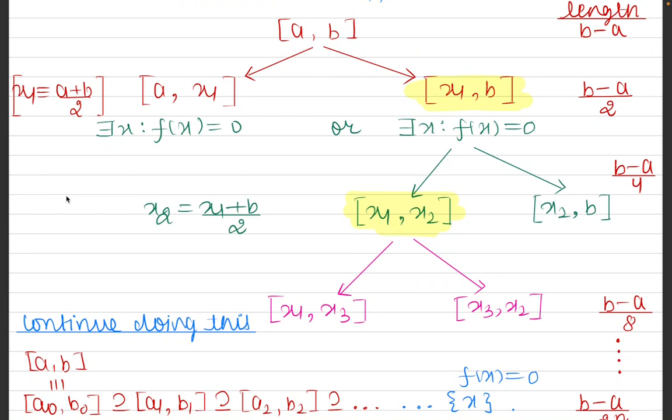If negative, then the root will lie in this interval. So we can always cut down the length of the interval by half to locate the root, and we do this in continuation, okay?